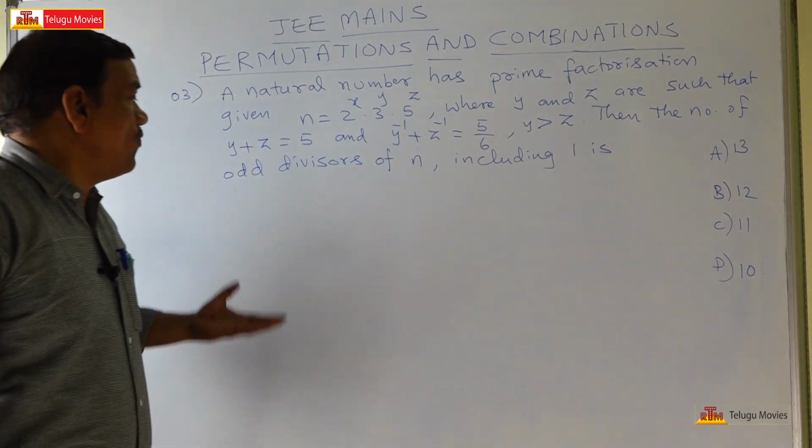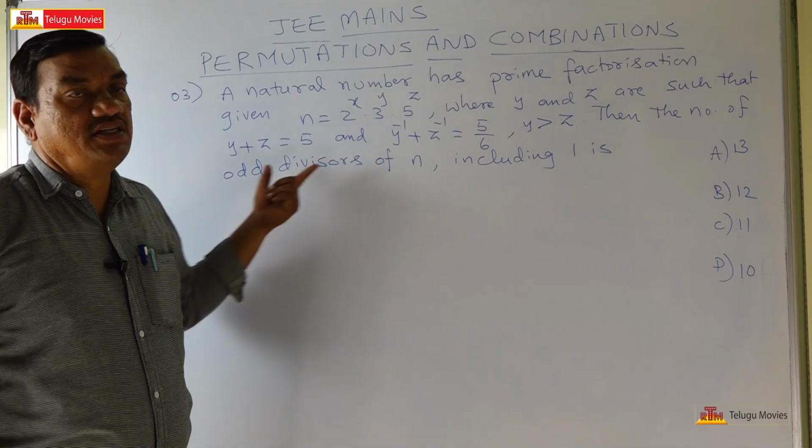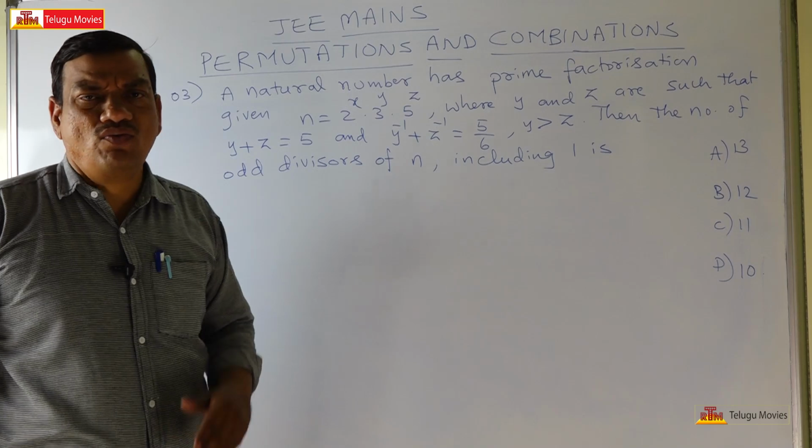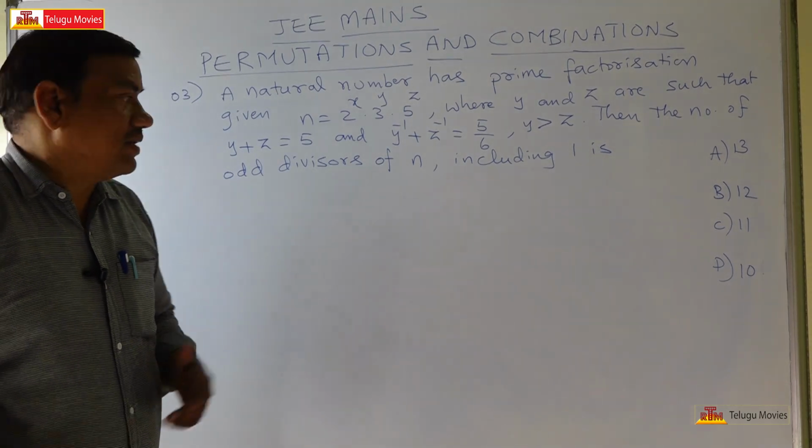Then the number of odd divisors of n, including 1, is also treated as an odd number.